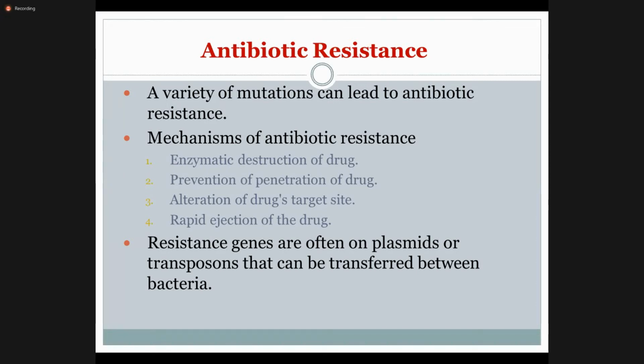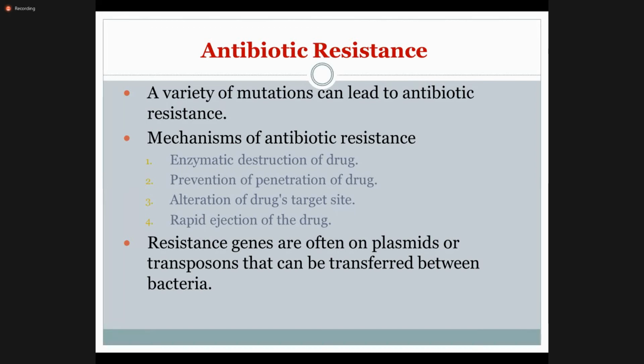So this is how they can inhibit this process of destruction, right? This is the rapid ejection of the drug from inside to outside with the use of efflux pumps, right? Resistance genes are often on plasmids or transposons that can be transferred between bacteria, right?